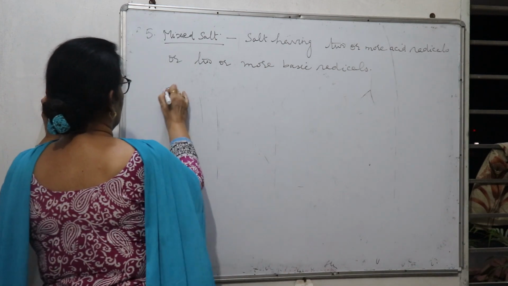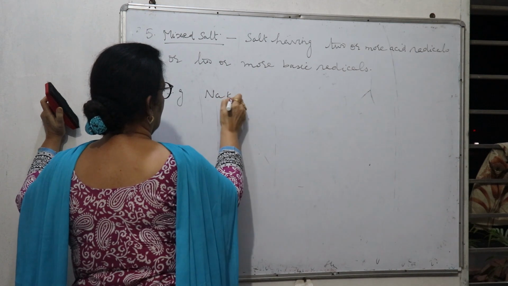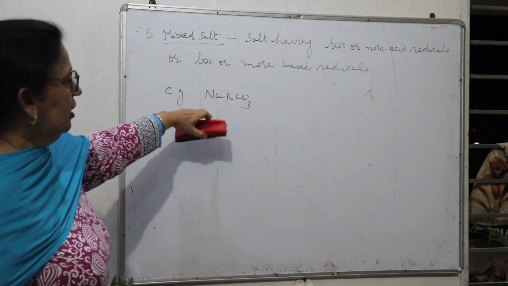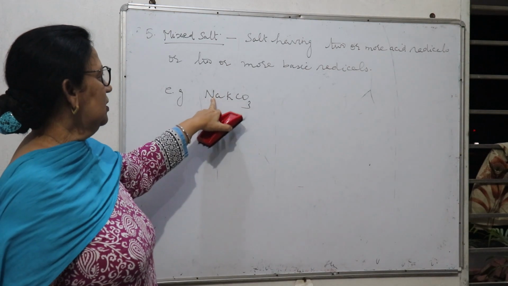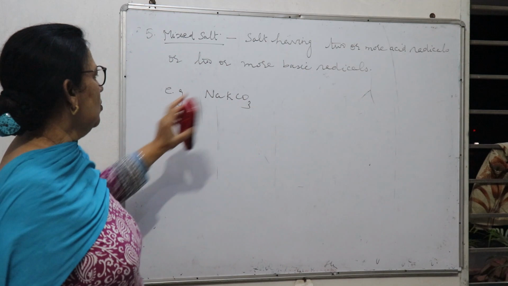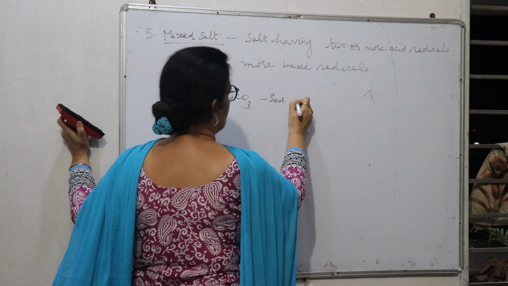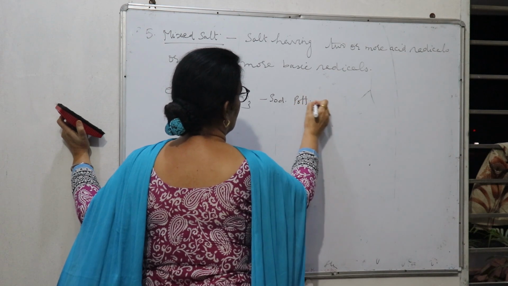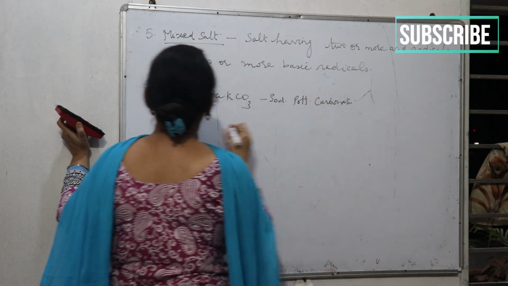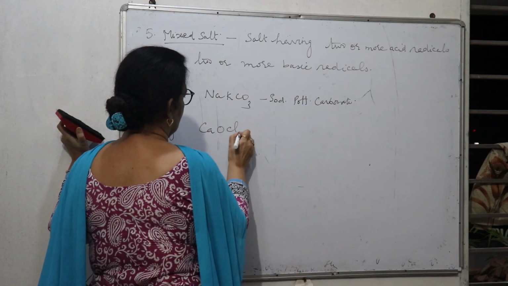For example, NaKCO3, sodium potassium carbonate. This has 2 basic radicals, sodium and potassium. So this is a mixed salt, sodium potassium carbonate. Another example can be CaOCl2.